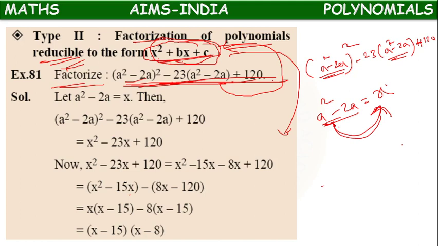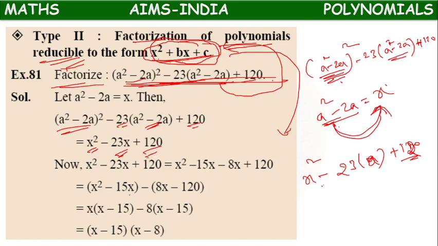If we keep x in the place of a square minus 2a, it becomes x square minus 23x plus 120. Now it is reduced to x square plus bx plus c form.